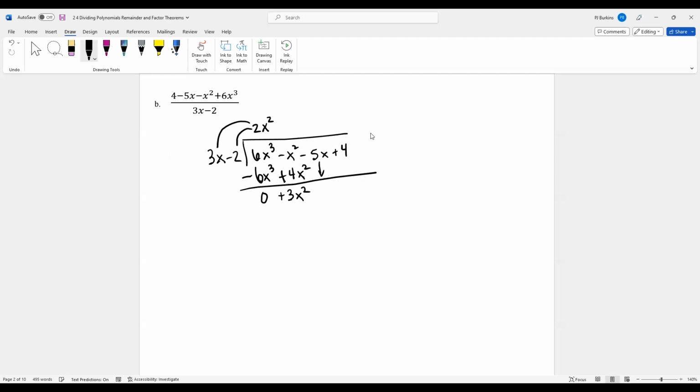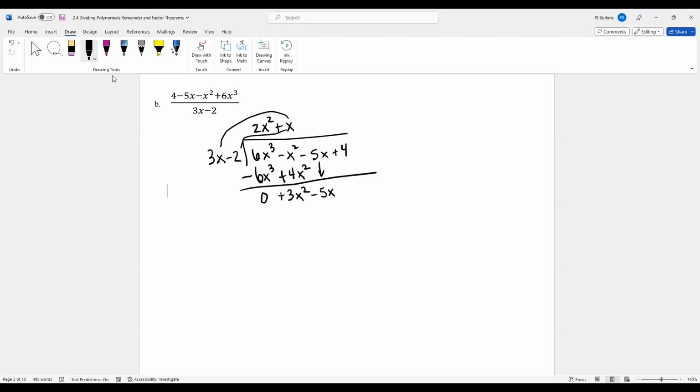Then bring down the next term, so minus 5x. I am trying to make 3x turn into 3x squared now. How do I do that? Well, I would simply need to multiply by x. So plus x. Now I need to multiply this x by everything in my divisor and put the results below.